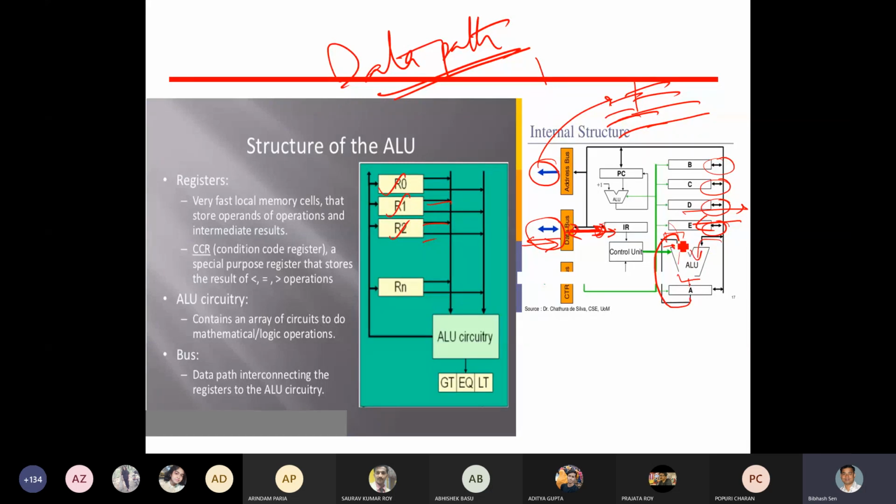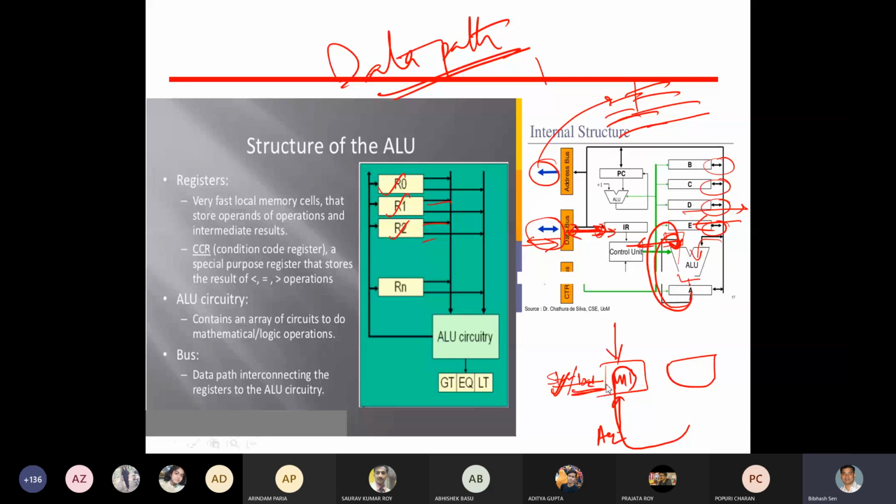By the application of a multiplexer, if it is a load or store instruction, suppose, there is a MUX with some input from the register and some from the accumulator. If it is a store signal, then the accumulated data will come and be stored here, and from this register it will go to the main memory.